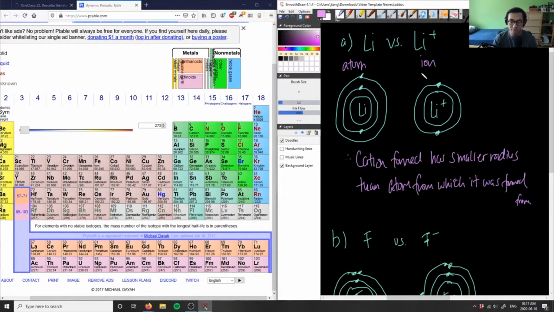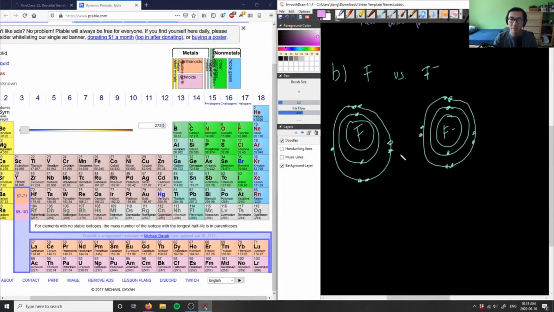So this means that the cation here is slightly smaller than the atom which it is formed from, and we have this here is the anion here.